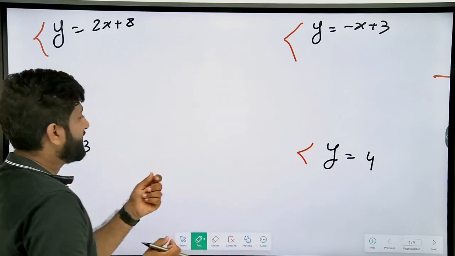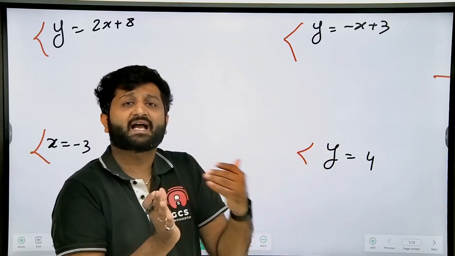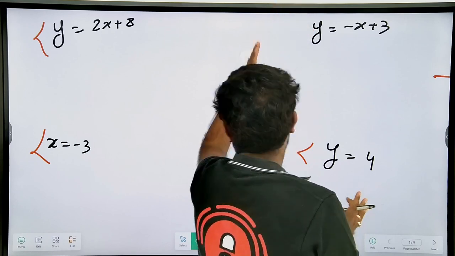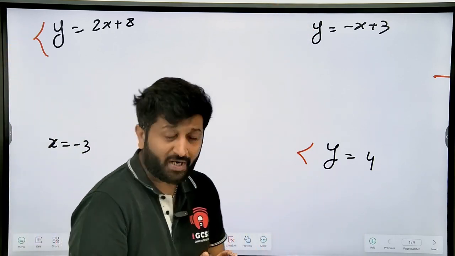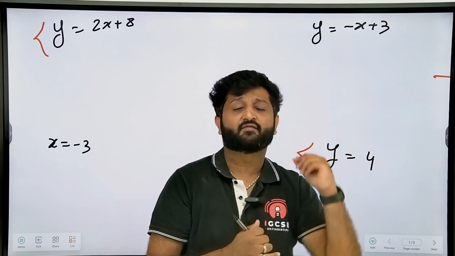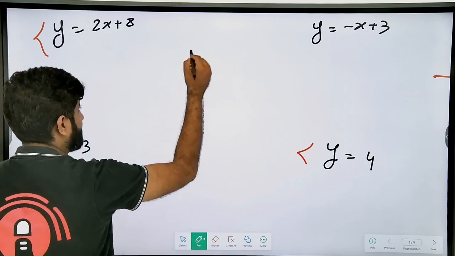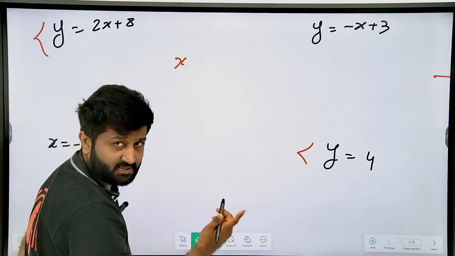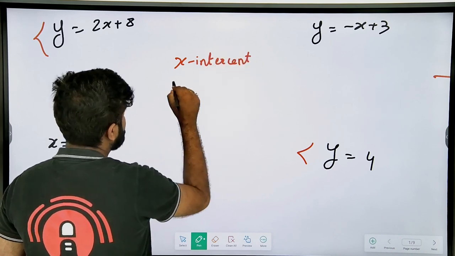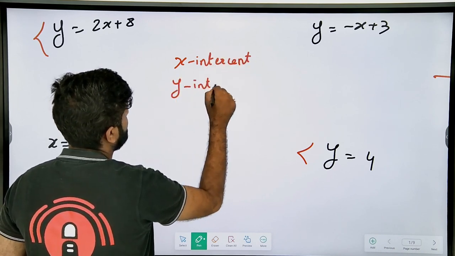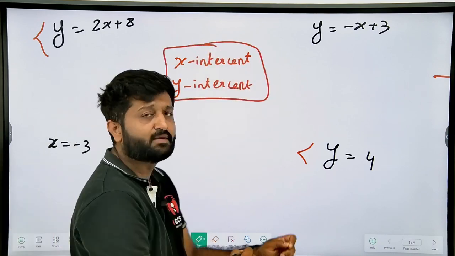And again, even x equals some number or y equals some number is again a straight line graph, right? So what points are we supposed to plot in this kind of graphs? The most important points are their intercepts, that is their x-intercept and their y-intercept. If I have these 2 points, then I can simply draw a graph.